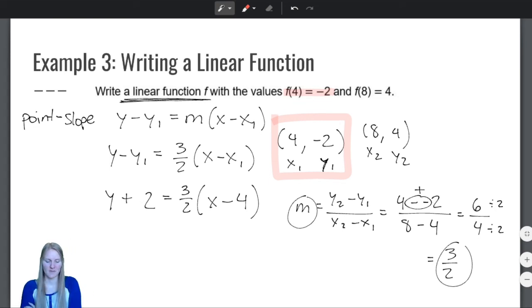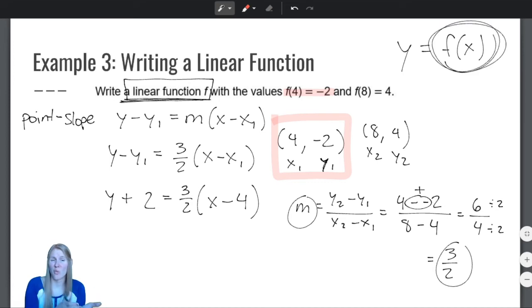Now remember that they wanted a linear function, which means instead of writing y equals, we're going to use f of x. Remember that y and f of x are the same thing, so we can just change y to f of x.